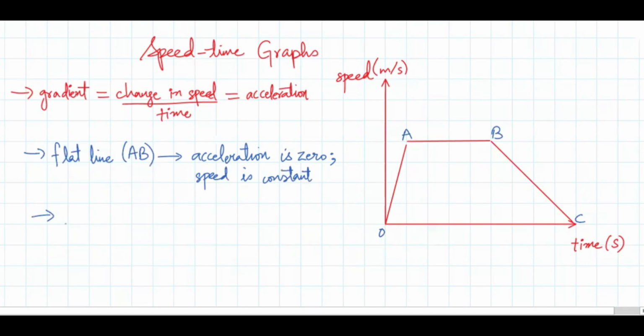If you have a straight line, then it means that the gradient is constant, which means that acceleration is constant.